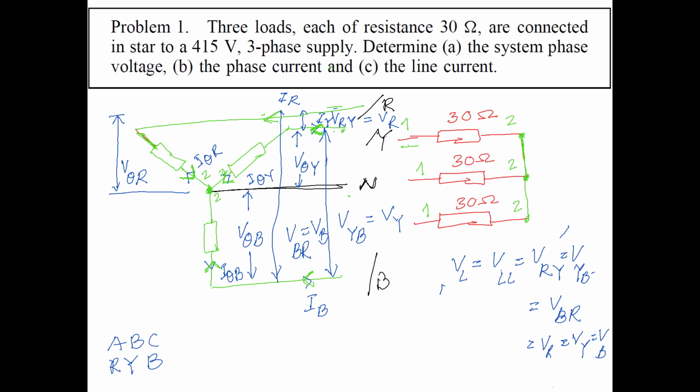VL is equal to, what is the relation? Which one will they be equal? So it can be equal or it can be different with a factor. So they will not be equal, because if you take a look at the line voltage that is connected between two resistors, the line voltage includes the voltage across two resistors, and the phase voltage is only one resistor.